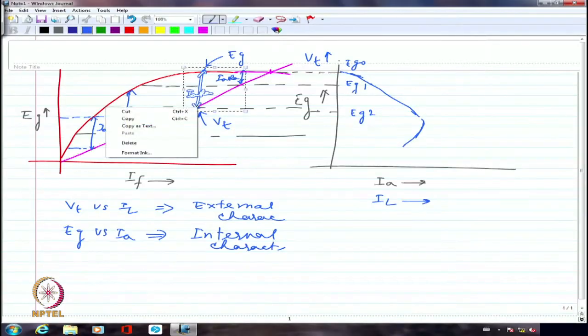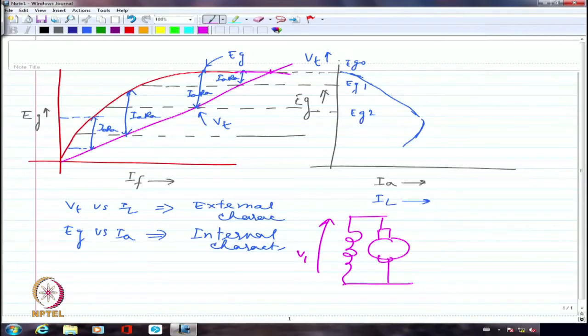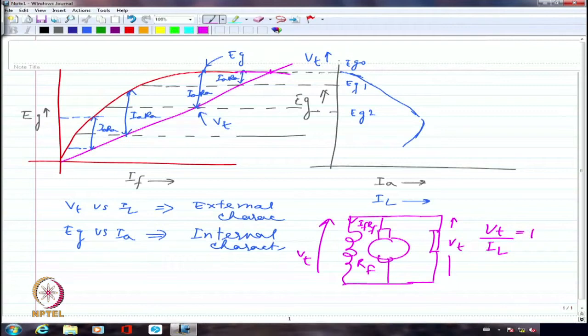So VT is going to be definitely smaller, because VT is coming as the output, which is also coming across the field. So this is RF, I am going to have IF RF here, and I am going to have the load here, and VT is here, and VT divided by IL is going to be RL.